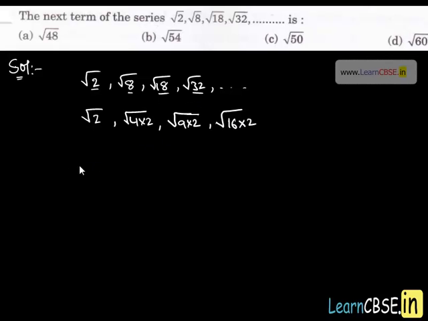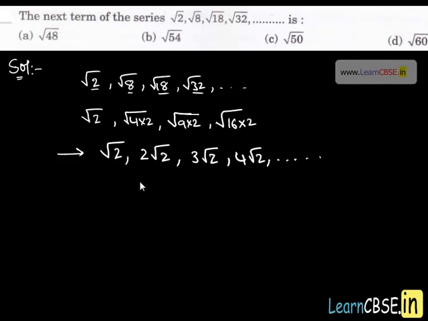So we can say that each factor except the first term consists of a perfect square, that is 4, 9 and 16. So we have root 2, and under root 4 is 2 root 2, and under root 9 is 3 times root 2, similarly 4 times root 2, and so on.